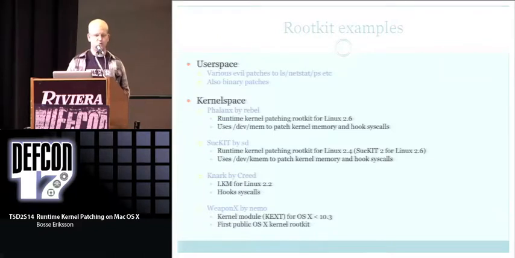It uses the devmem device to patch syscalls. Suckit by SD, which is a classic, one of the first public rootkits that used runtime kernel patching. It's for Linux 2.4. Also, a later version, Suckit 2, for 2.6. We have Knark by Creed, which is a Linux kernel module for Linux 2.2, and took syscalls by patching the kernel via an LKM.